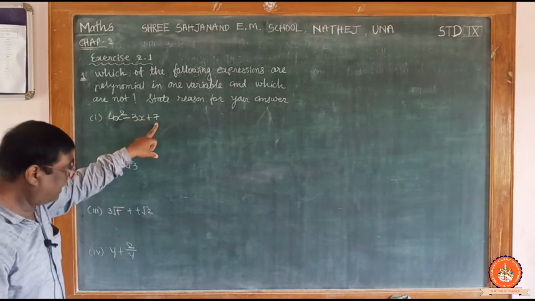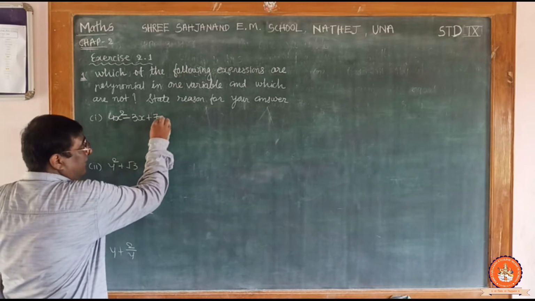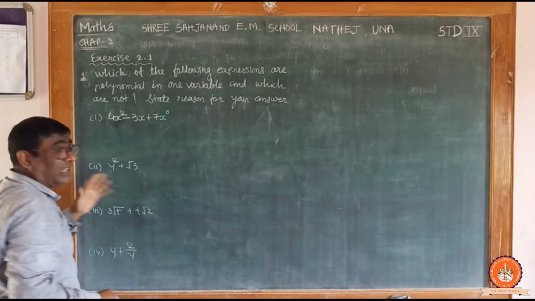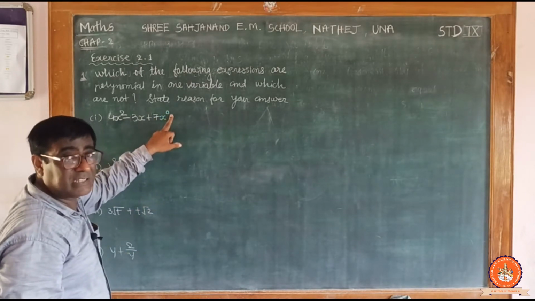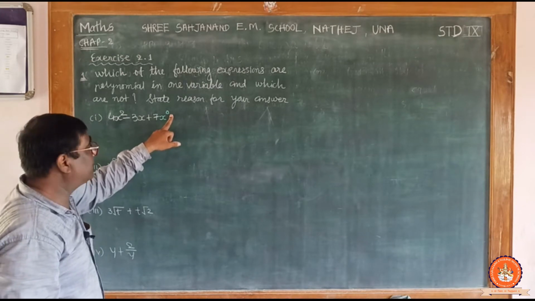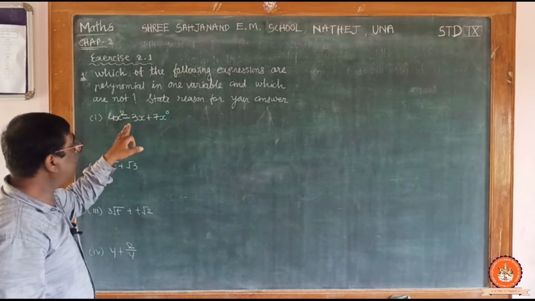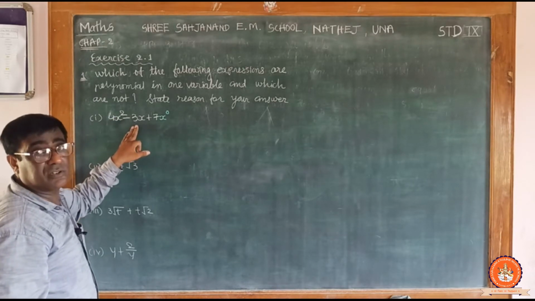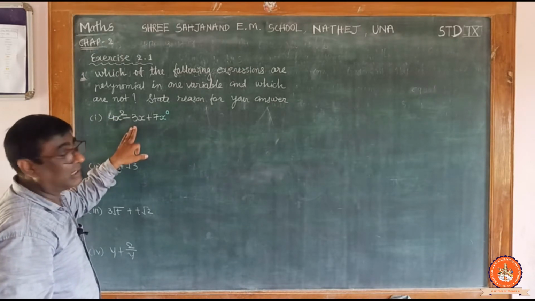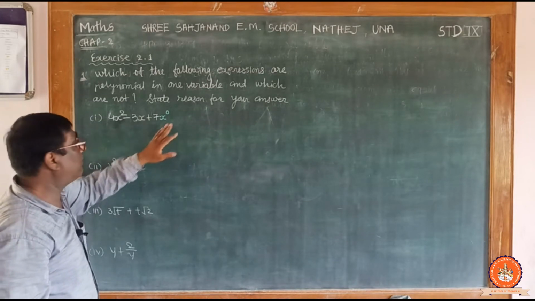And here, if nothing is there, it will be x raised to 0, and 0 is a whole number. So in all the terms, the exponent of the variable is a whole number and that is why this one is a polynomial.